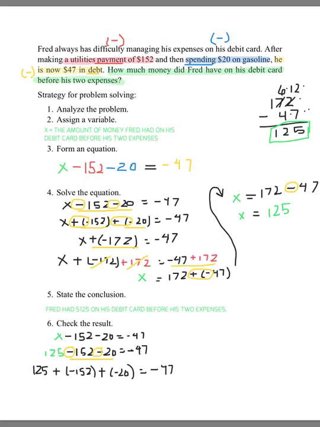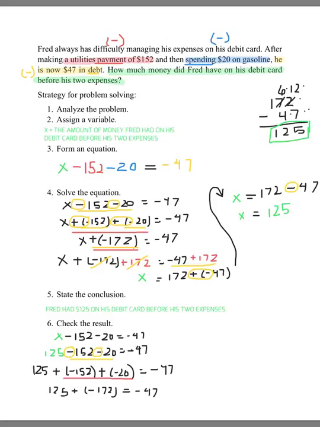Now we already showed that negative 152 plus negative 20 is equal to negative 172. So I'm going to go ahead and bring that down. So 125 plus a negative 172. And again, those are the 2 numbers that we showed up here. And now that's going to be equal to negative 47.